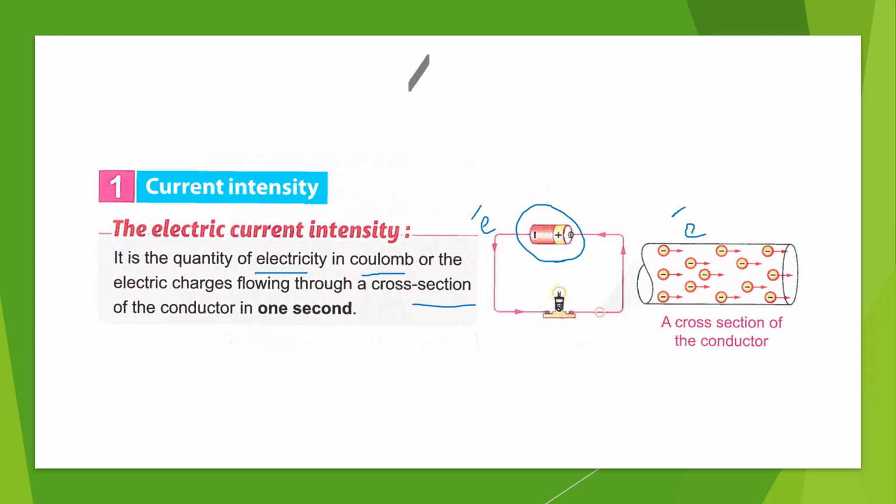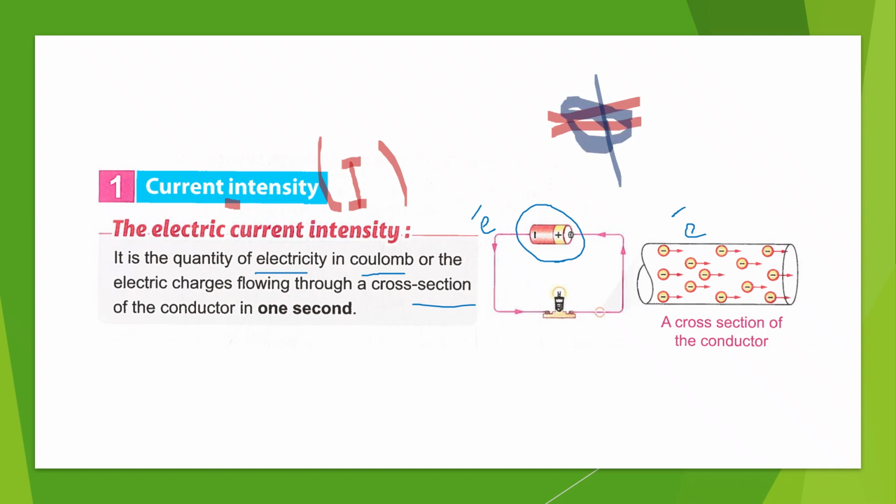give it the letter I. Letter I comes from the first letter in the word intensity. So the current intensity is a quantity of electric charges that can flow. I'll say this is a wire. If I cut it like this, it is a cross section of the wire.